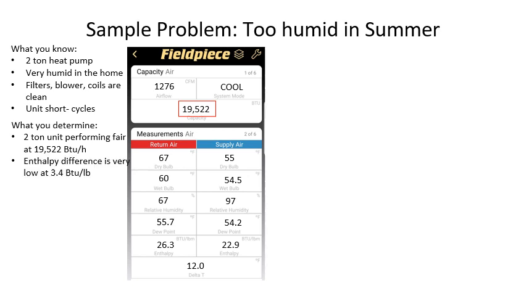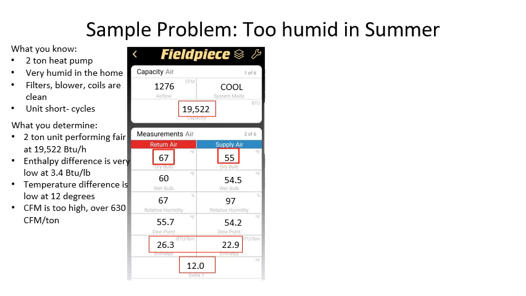But we also notice that our enthalpy difference is very low. When we subtract 22.9 from 26.3, we only get 3.4 BTUs per pound. Remember, we're looking for at least 5.5 BTUs per pound. So that's very low. And our temperature difference between supply and return, this is our dry bulb temperature split, is very low at 12 degrees.